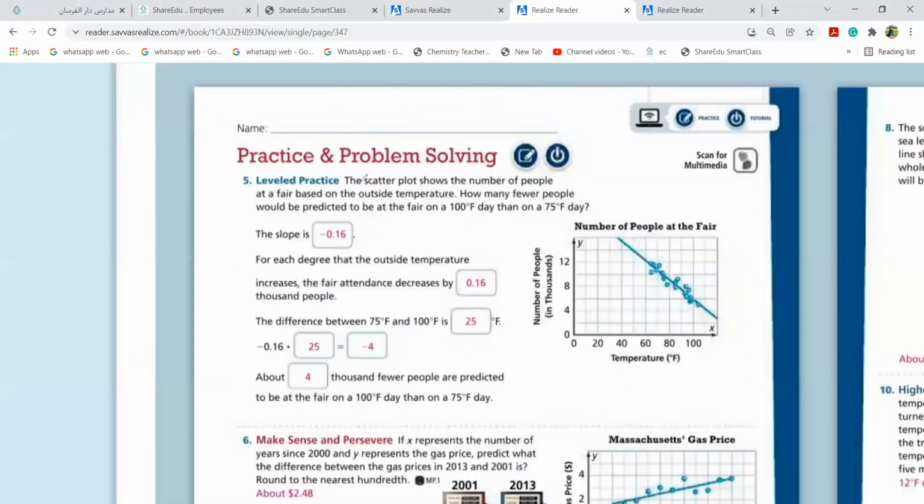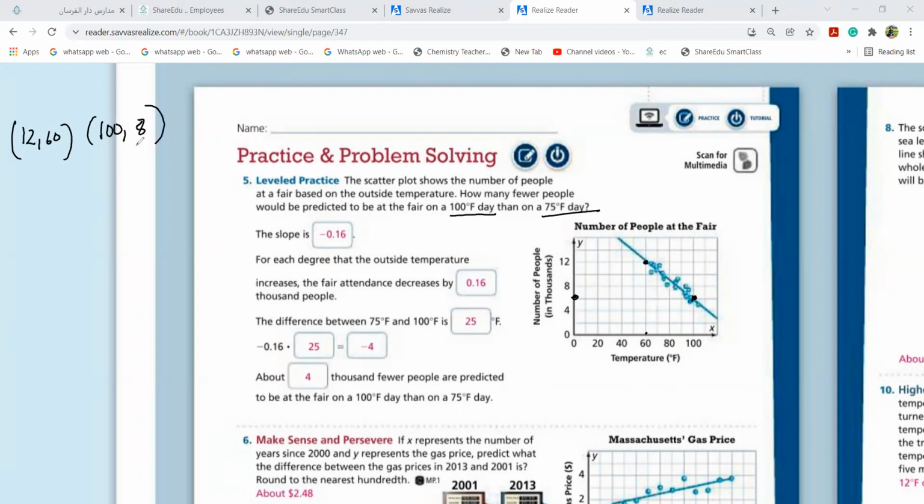Okay, here. The scatter plot shows the number of people at a fair based on the outside temperature. How many fewer people would be predicted at the fair on a 75-degree Fahrenheit day than on a 100-degree day? Means you have to take the difference. First, let us find the slope. How do you find slope? By taking 2 points. Let me take 100, 106, and let me take 12 and 60, this is up to you, girls.